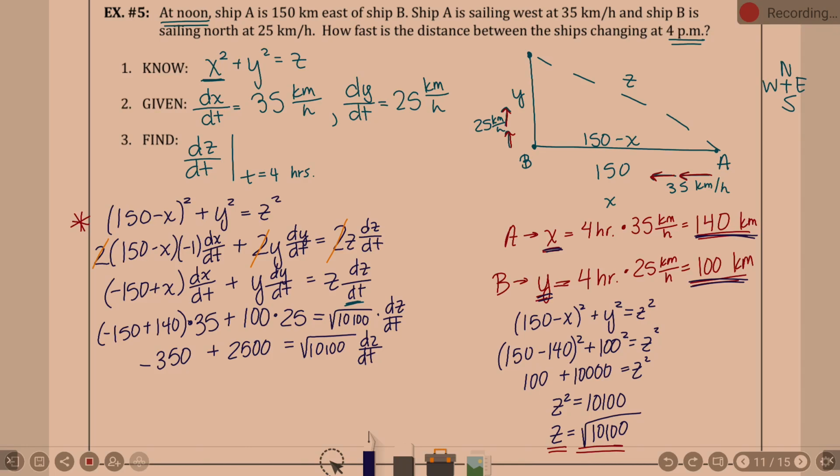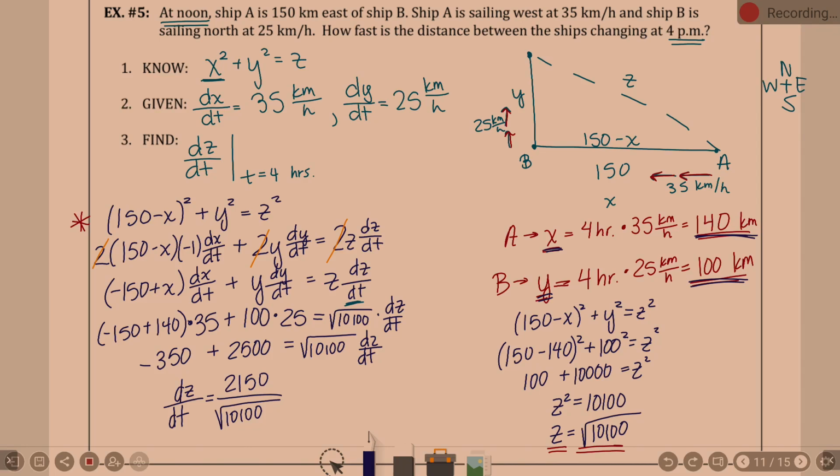So what's dz/dt going to be equal to? Are you guys with us? So dz/dt is going to be 2150 divided by the square root of 10,100. We're getting 21.39. It's AP Calc.